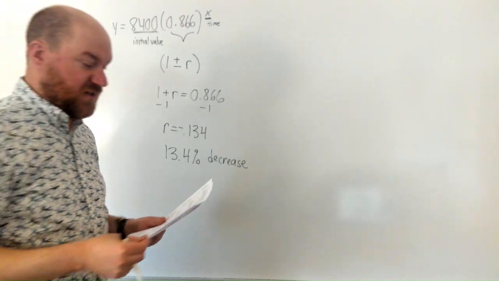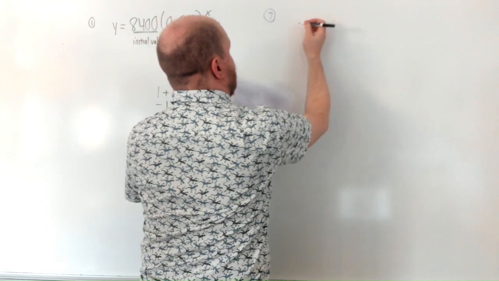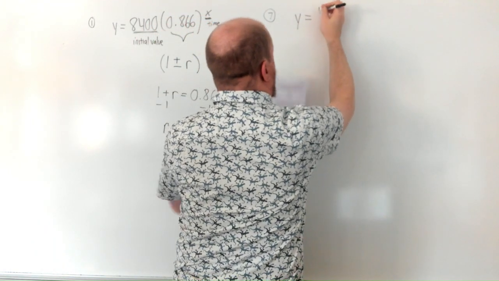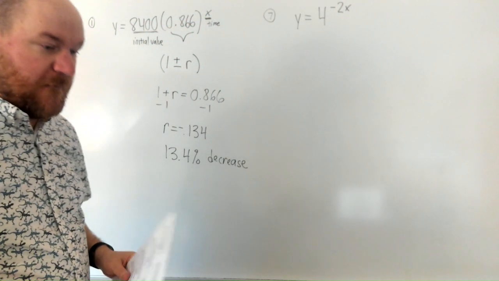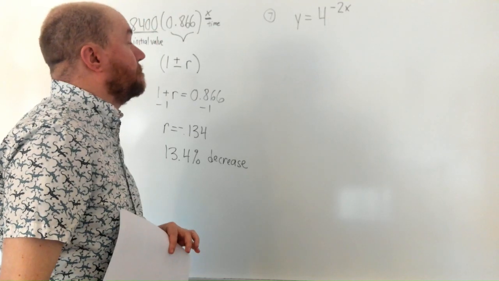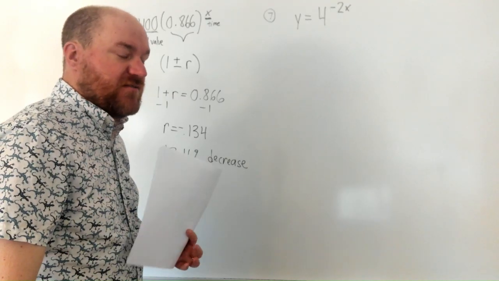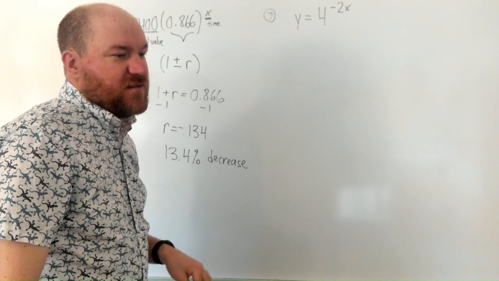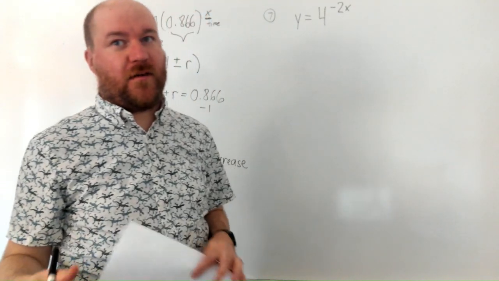Let's try question number 7 here in my paper. Question number 7 is the same setup. It says y equals 4 raised to the negative 2x. Now there's a problem with this setup, and that's our exponent isn't just x, it's negative 2x. We can't answer this question if the exponent is anything other than x.